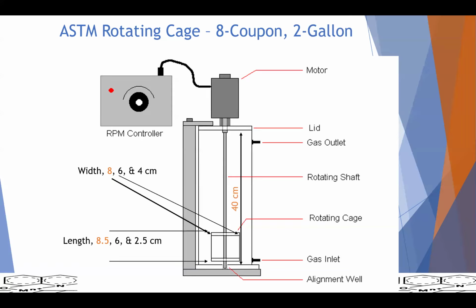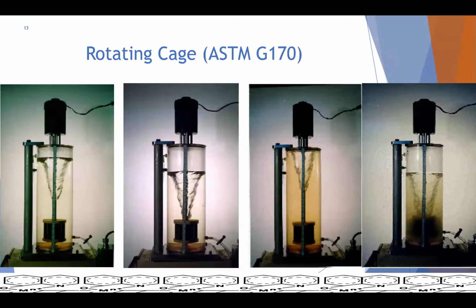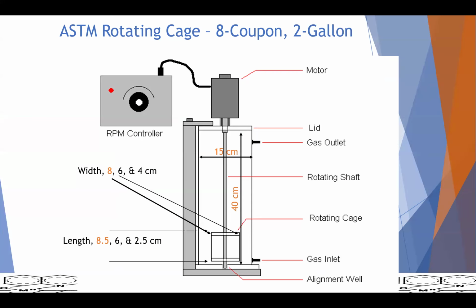It specifies the length of the apparatus, which is 40 centimeter. And it specifies the diameter of the apparatus, which is 15 centimeters. Very, very specific. These specifications are very, very important to follow if you are going to say that you followed the ASTM standard.